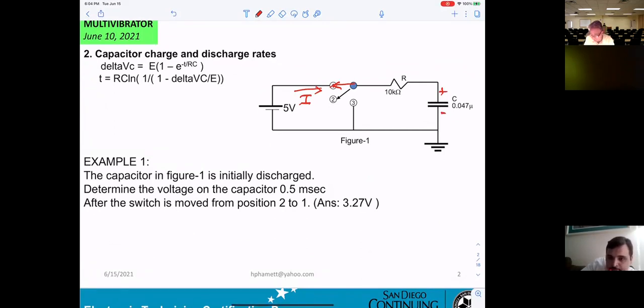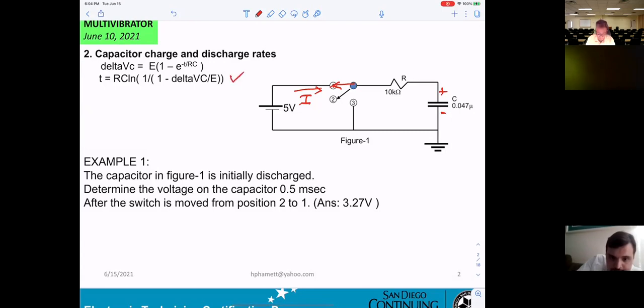The maximum voltage charging on the capacitor will be 5 volts. If you keep it at position 1 for long, the capacitor charges up to a maximum of 5 volts, and it cannot be more.